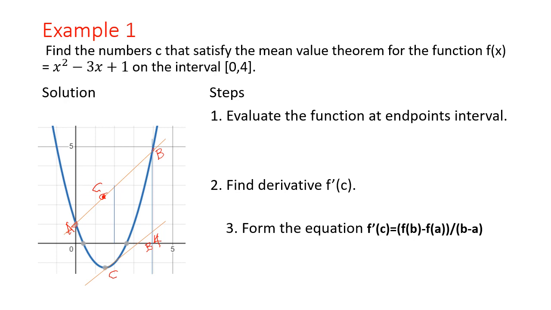So f of 4 equals 4 squared minus 3 times 4 plus 1 equals 5, and f of 0 equals 0 squared minus 3 times 0 plus 1 equals 1.